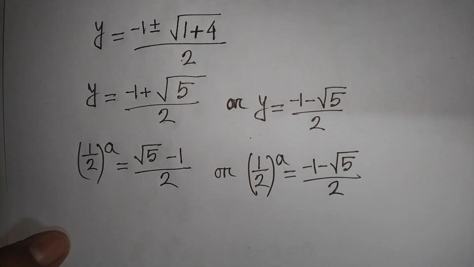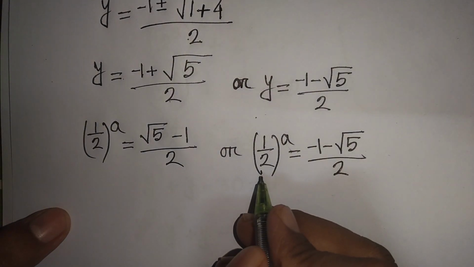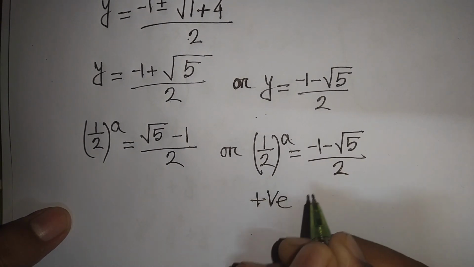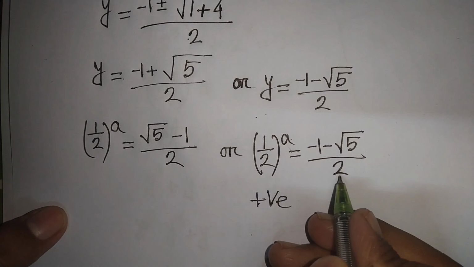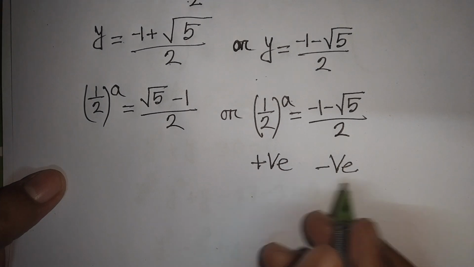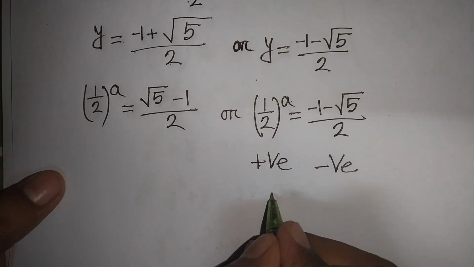Now we see (1 by 2) bracket power any number is always positive, but (minus 1 minus square root of 5) divided by 2 must be negative. So positive cannot be equal to negative, so this is rejected.